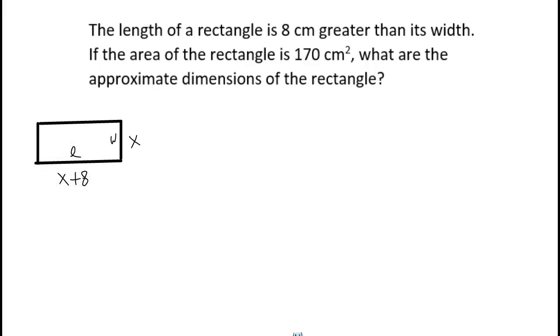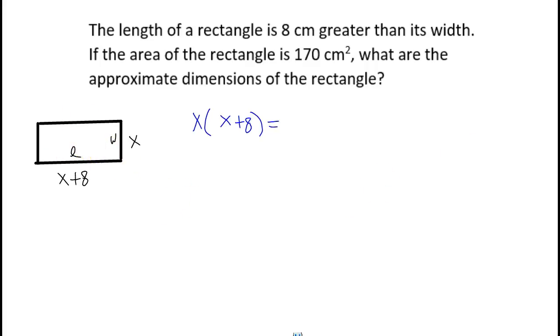Now, how do you find the area of a rectangle? You multiply the length times the width. You multiply these two numbers together. Well, this time they're not numbers, they're algebraic expressions. So we're going to multiply them together. So I'll say that x times x plus 8, or x plus 8 times x, is equal to the area of this rectangle.